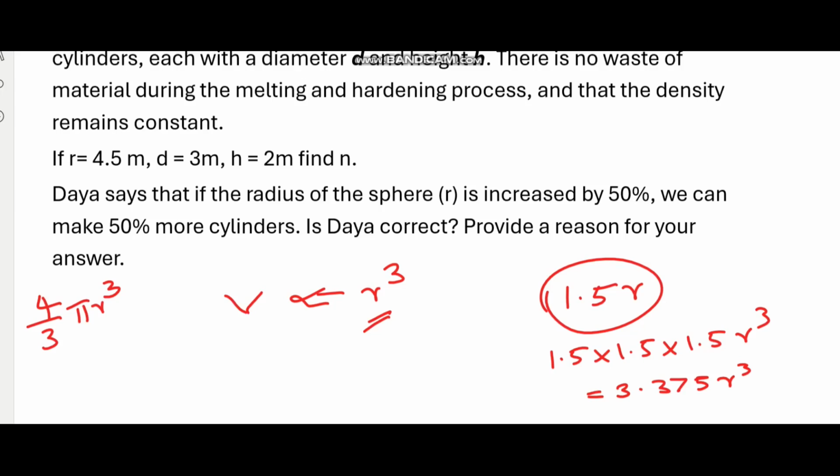So the volume will in fact increase by a factor of 3.375. Although we are just increasing the radius by 50%, the volume will increase this many times. Therefore, the number of cylinders we can make will also increase by this many times. So it's not 50%, and Dia is not correct.